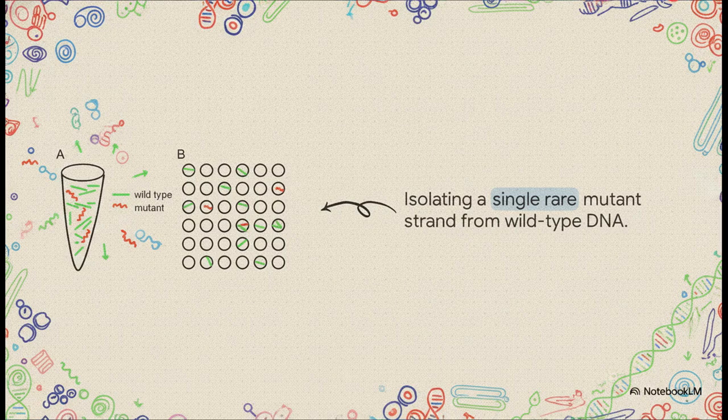Suddenly, it has no competition. Researchers have proven that using this method, they can confidently detect just one mutant KRAS cancer gene hiding amongst 200,000 healthy genes. That represents a 0.005% detection rate. It is an absolute breakthrough for early cancer detection and targeted therapy.